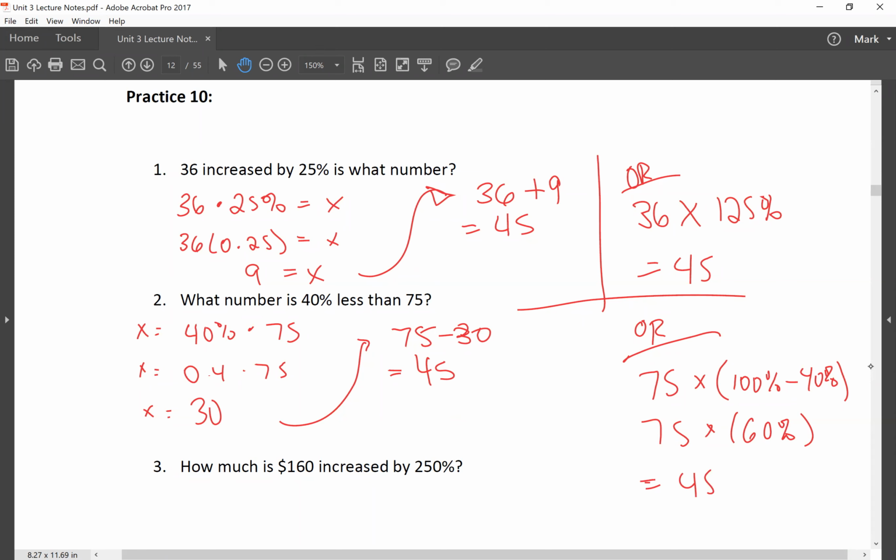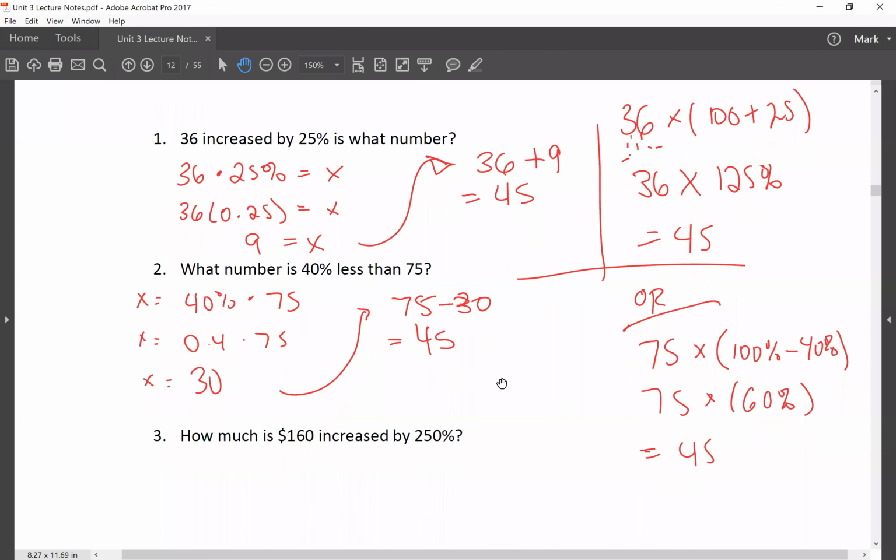If you're looking at the one up above, if you're wondering where I got that 125, 36 times 100 plus 25, that's where I get the 125. So you'll notice for a percent increase, I'm adding the number. For a percent decrease, I'm subtracting the number. And whatever way you're comfortable with, you can show me.